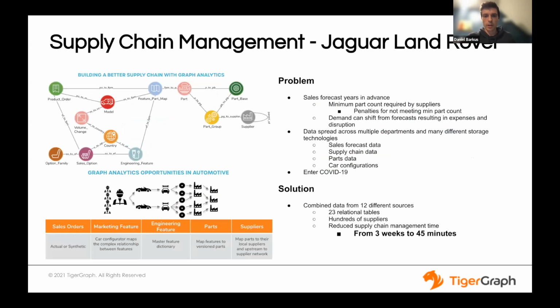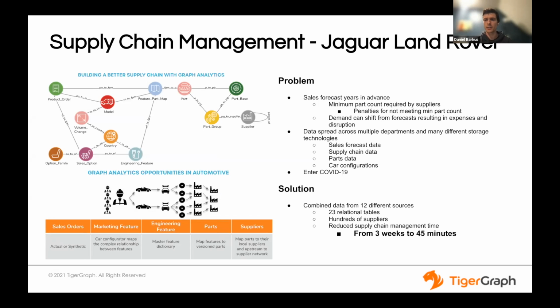So let's take a look into an actual real world example here. Jaguar Land Rover is one of our customers, and we've been working with them to help improve their supply chain. I'm sure, as all of you are aware, over the last couple of years, there have been a lot of disruptions to the supply chain due to COVID and other factors in the world in general.